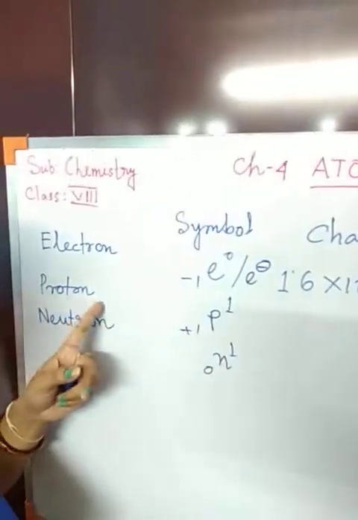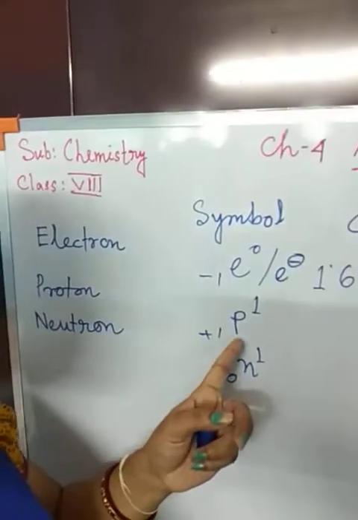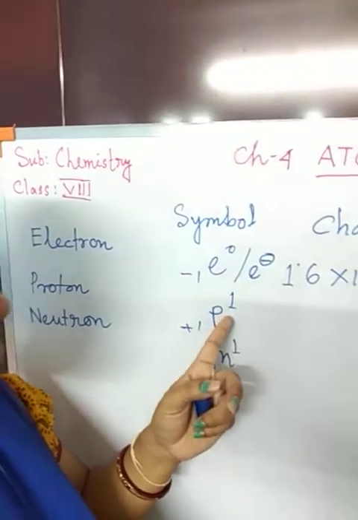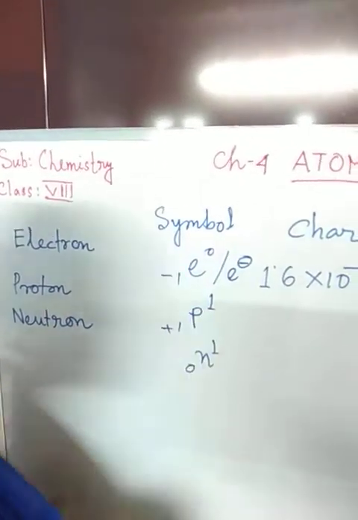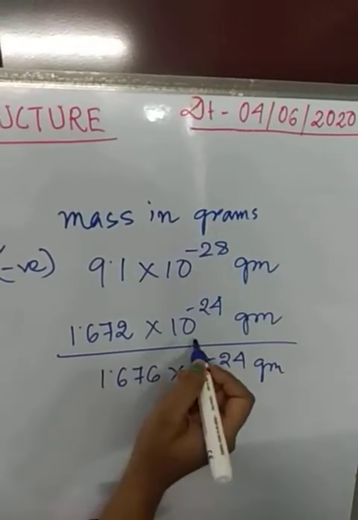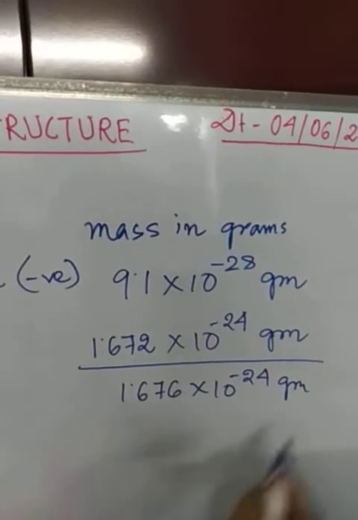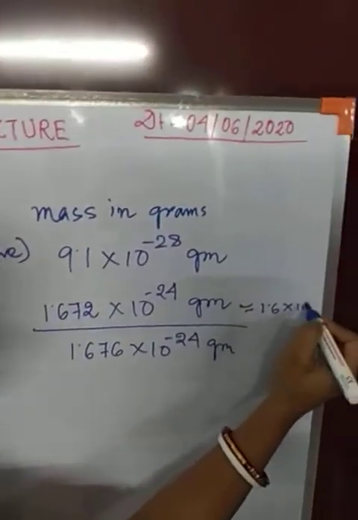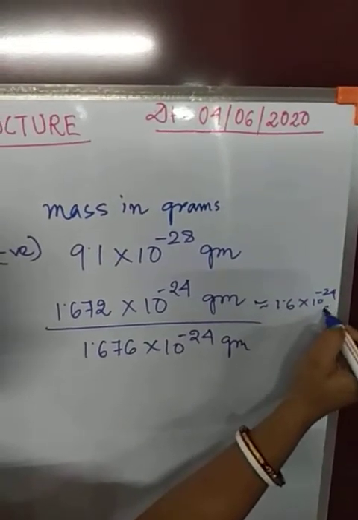Next, for the proton, P is the symbol for the proton. As the proton has 1 unit of mass, its mass is 1.672 into 10 to the minus 24 gram, which can be written as 1.6 into 10 to the minus 24 gram.